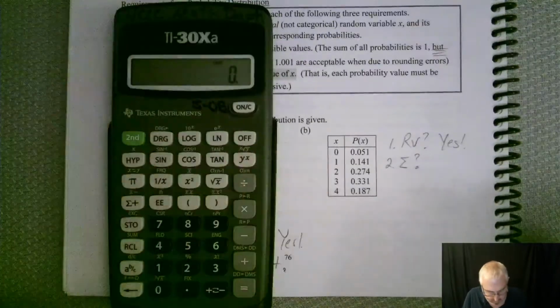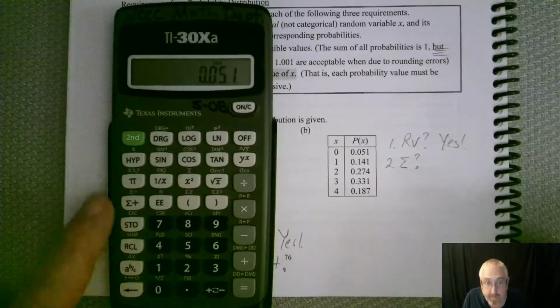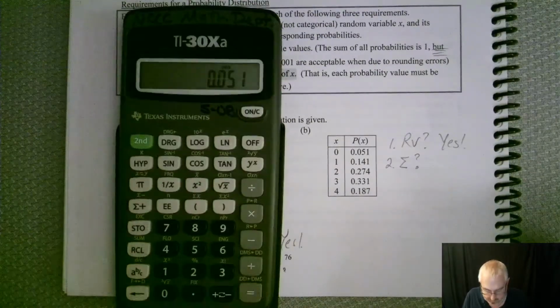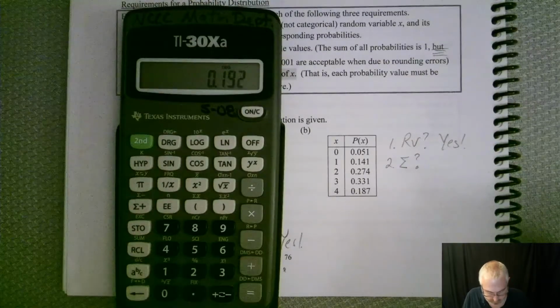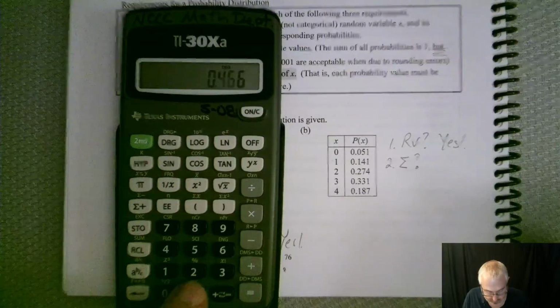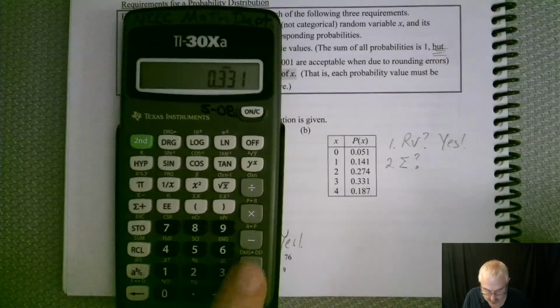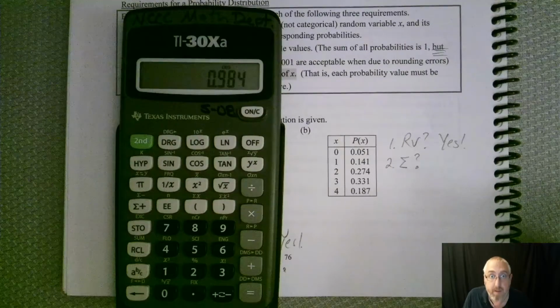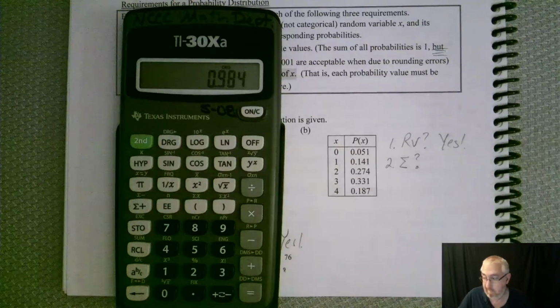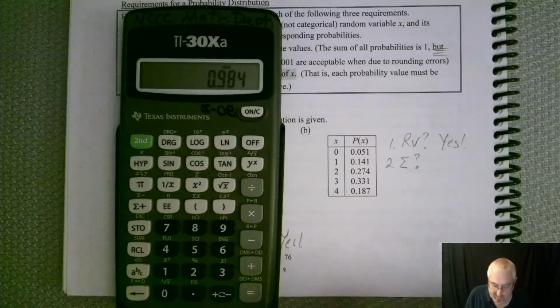Let's see. 0.051 plus 0.141 plus 0.274 plus 0.331 plus 0.187 equals, uh-oh, where's my button? Well, you can see that's not close enough.